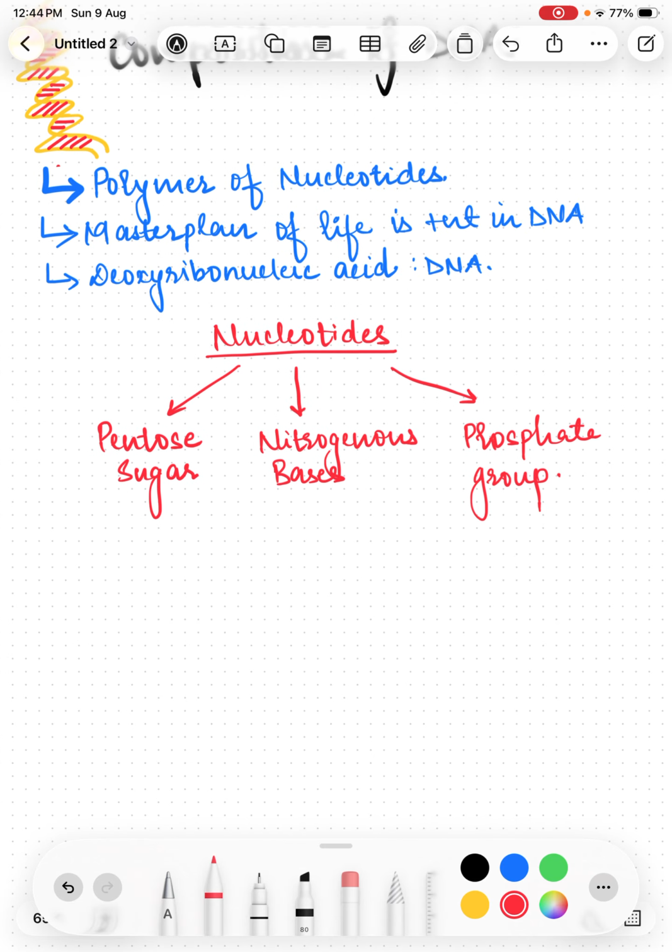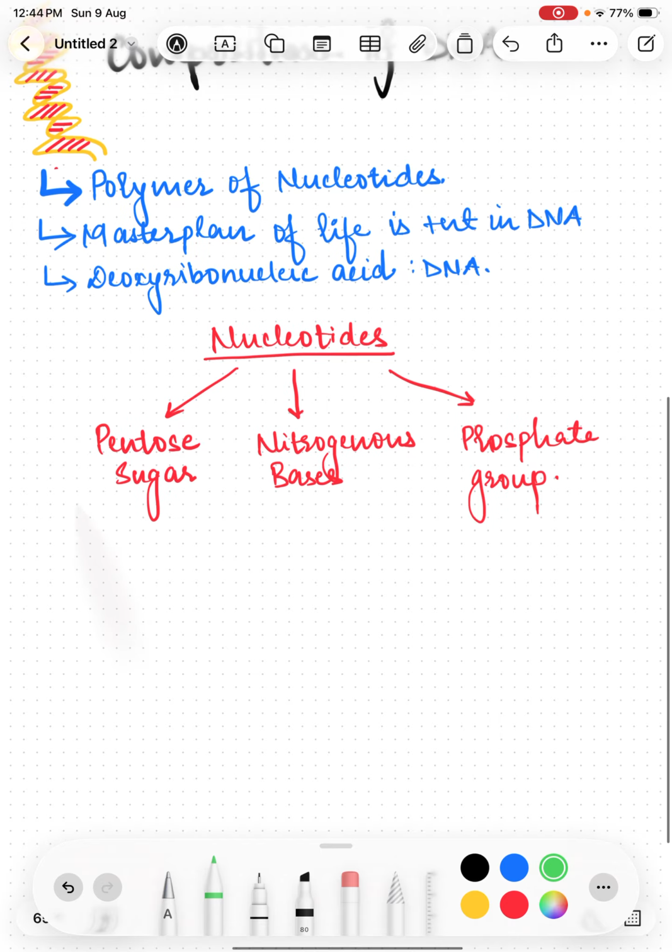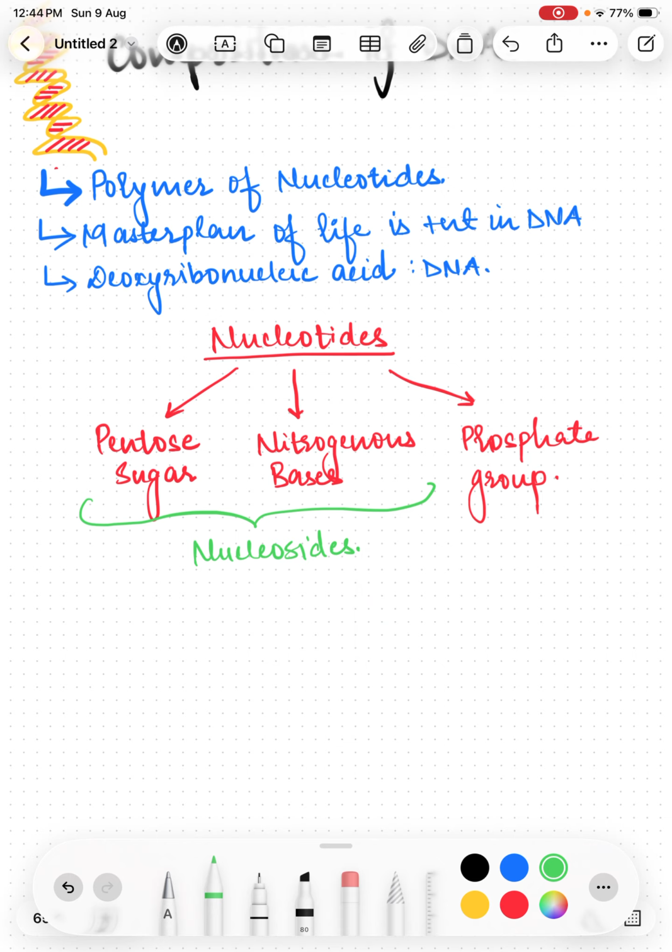Now this pentose sugar and nitrogenous bases are together called as nucleosides. And when you add phosphate group to those nucleosides, you will get nucleotide.